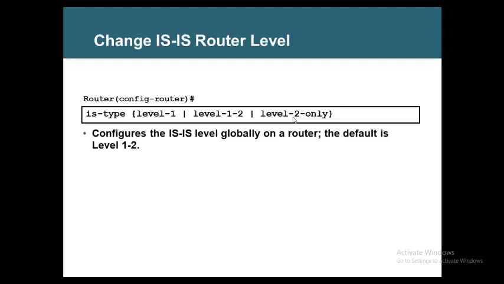The default is level 1 and 2. In case you have already said level 2 only, you can use this command to come back to L1, L2. That's why you have this, though by default this is the default. Why do we need this? So that if you have gone to level 1 only or level 2 only, you can put this command to come back to level 1 and 2.